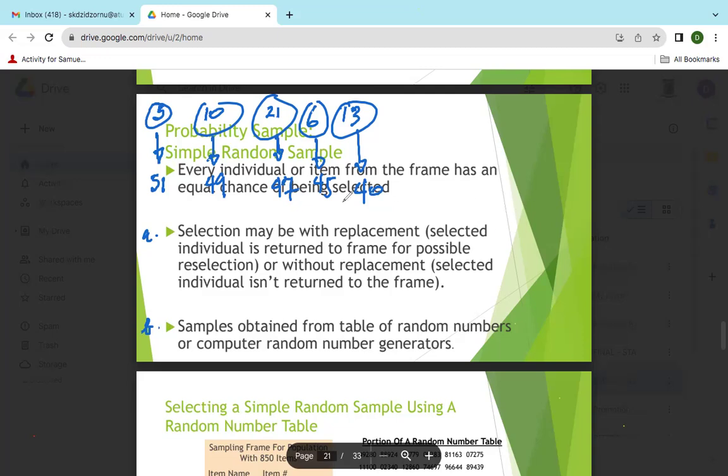In academic literature, you would see that we have simple random sampling with replacement, normally written this way, SRSWR, versus simple random sampling without replacement.